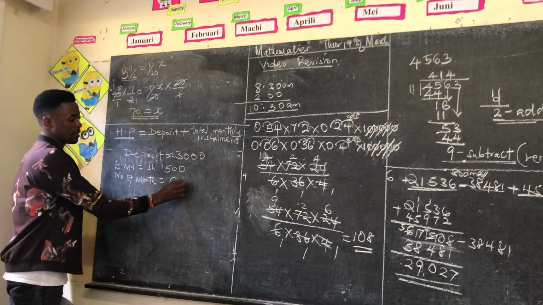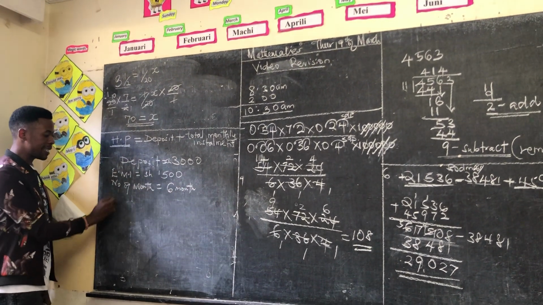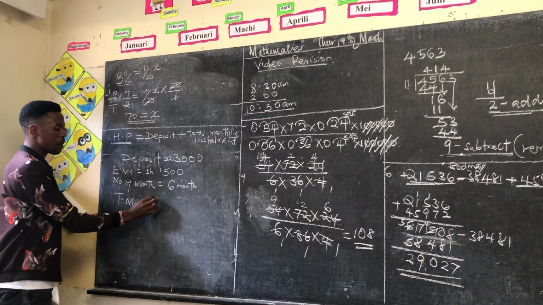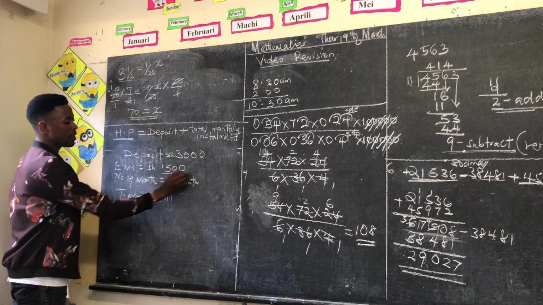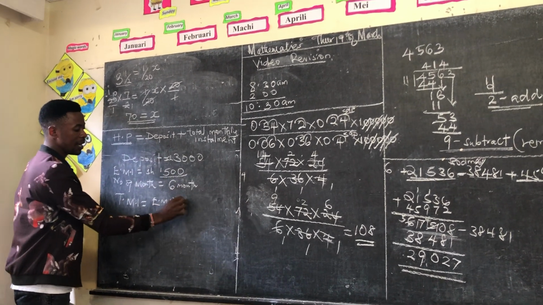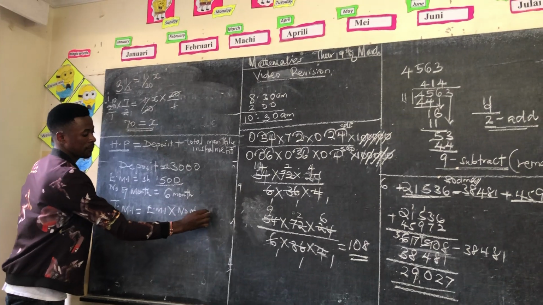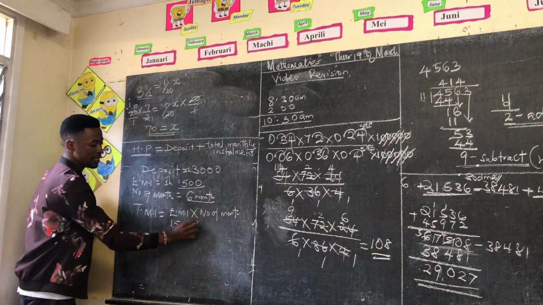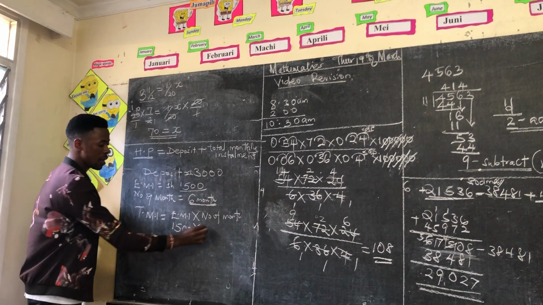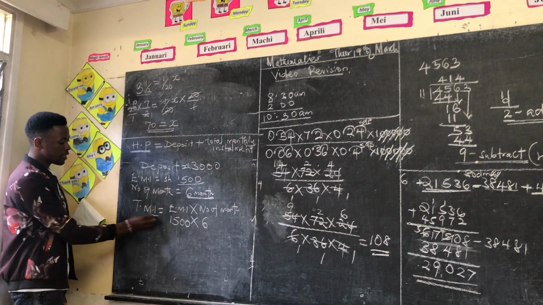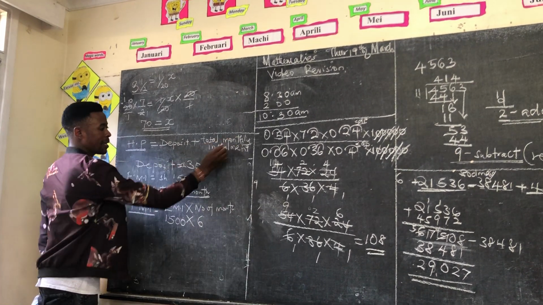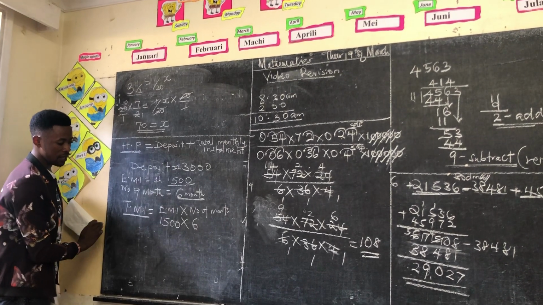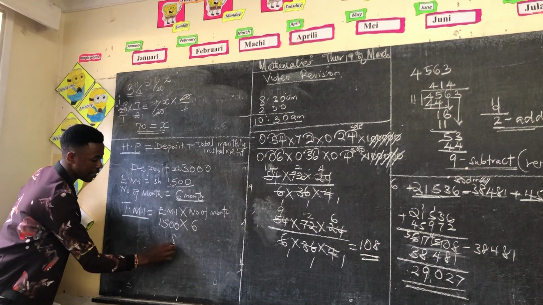So the number of months is 6 months. If you were to get the total monthly installment, it will be each monthly installment, that is 1,500, times the number of months, which is 6. So 1,500 times 6, that is 8,000.